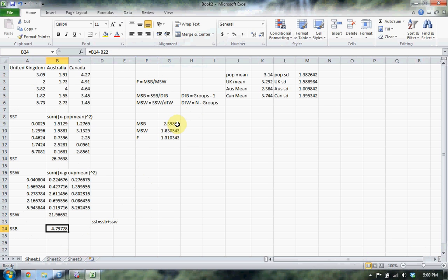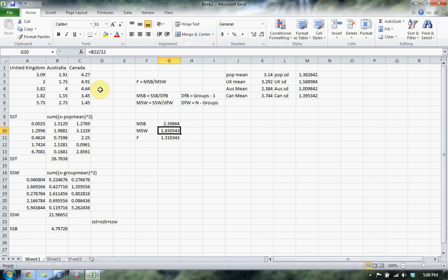So here is the calculation of the mean square between groups. As you can see, there are 3 groups minus 1 to get the degrees of freedom between groups. That equals that number, and then the mean square within groups is calculated right here. The n of this subset is 15.